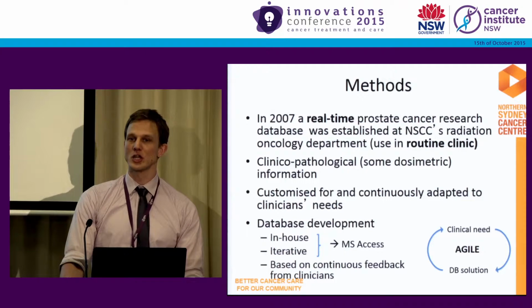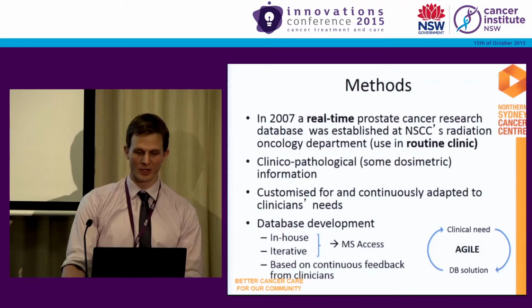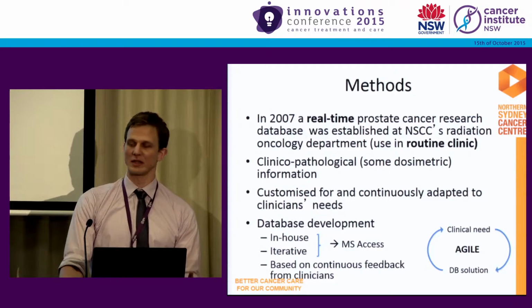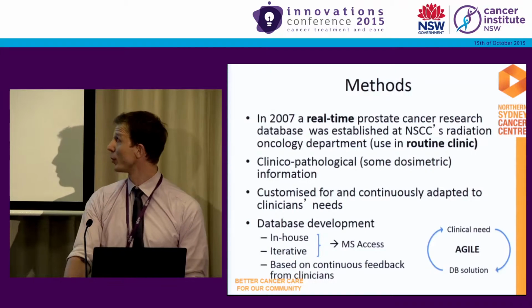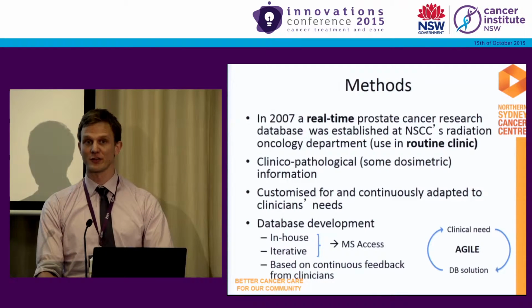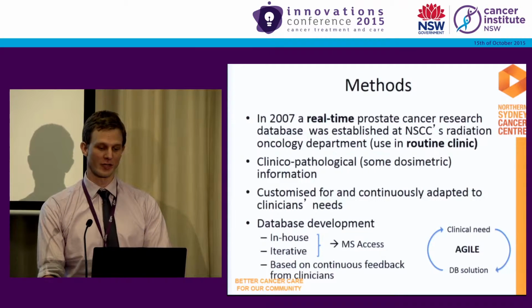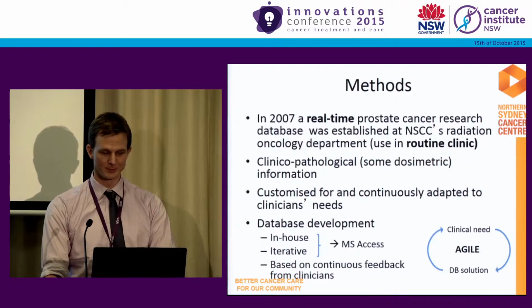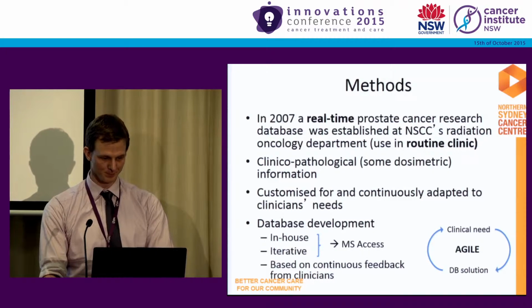So in order to generate high quality information for research purposes, we felt that research data should be collected at the point of care. And so in 2007, we implemented a real-time prostate cancer research database. This database collects clinical and pathological information.